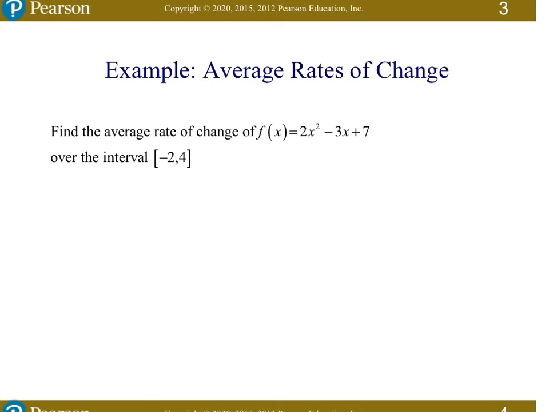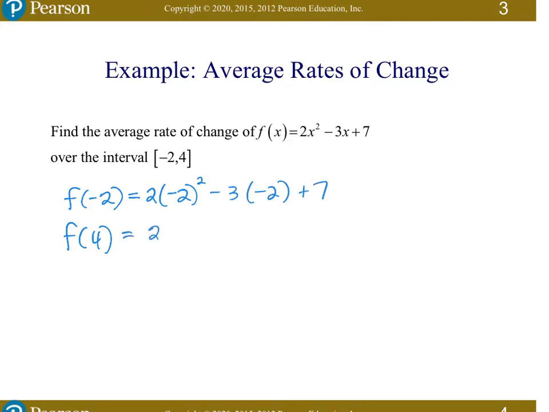So a quick sample of finding the average rate of change over a closed interval. So you would want to know what the y values at the endpoints of the interval were. So what is f of negative 2? So you're looking at 2 times negative 2 squared minus 3 times negative 2 plus 7.